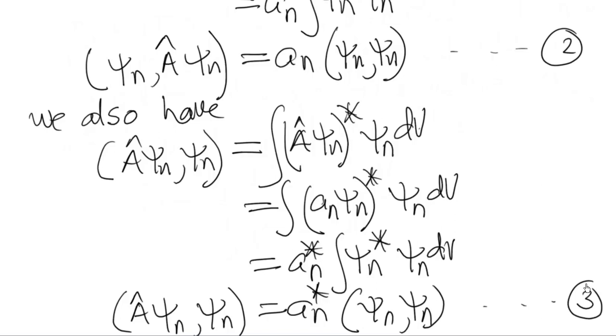Now we can equate equation number 2 and equation 3 because capital A hat is a Hermitian operator.